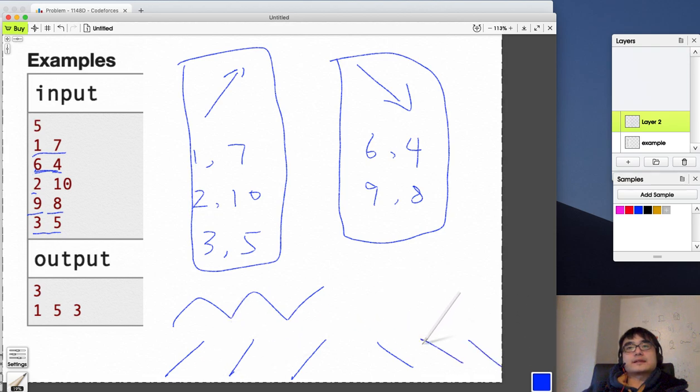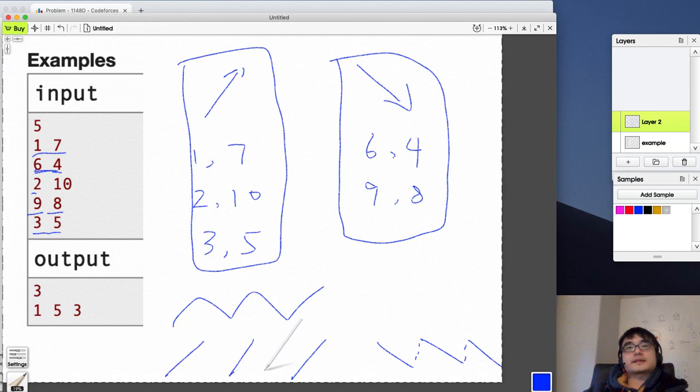In this case, we chose three number pairs, all of which are decreasing, right?